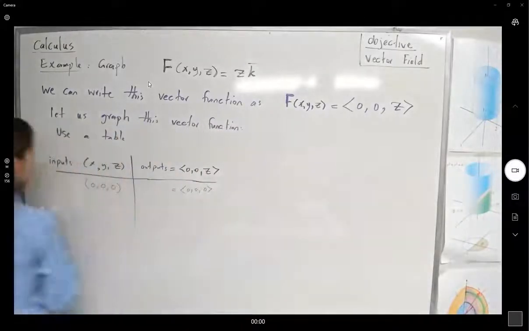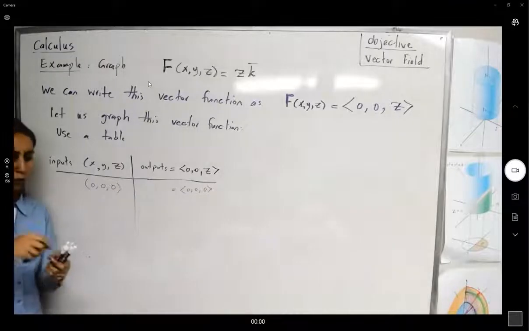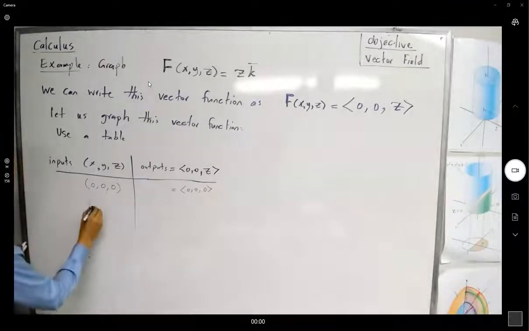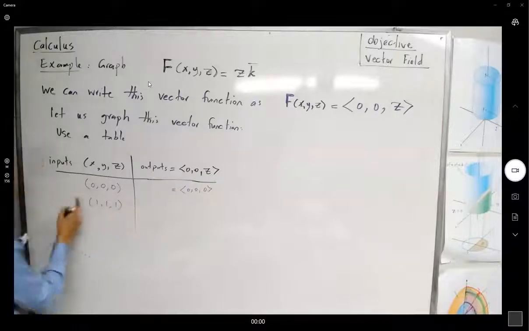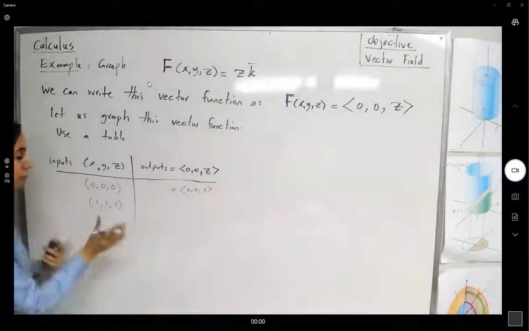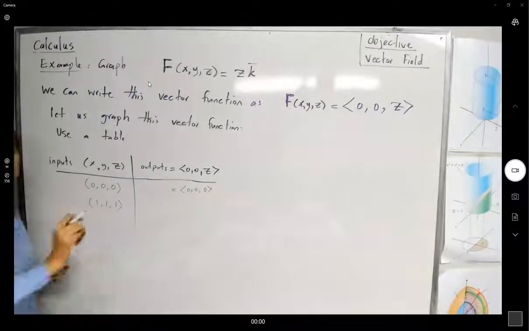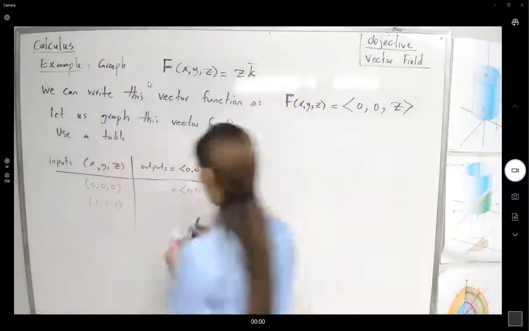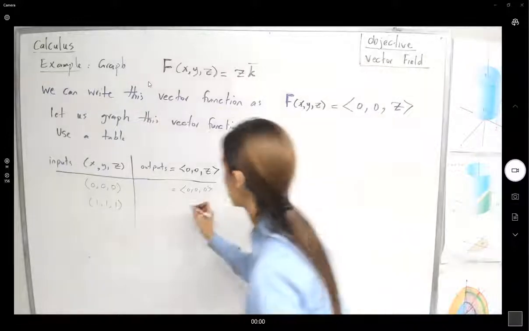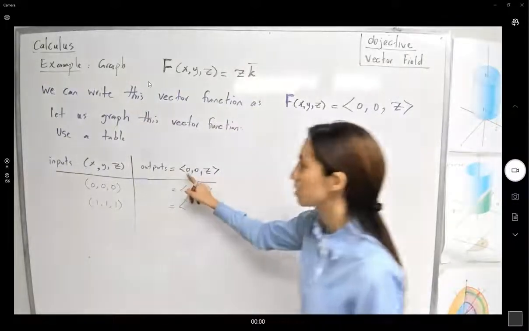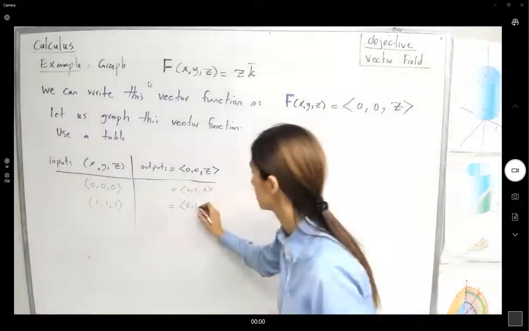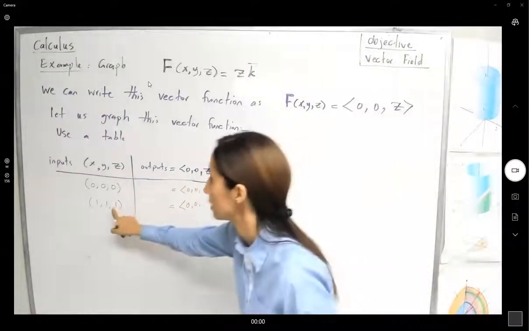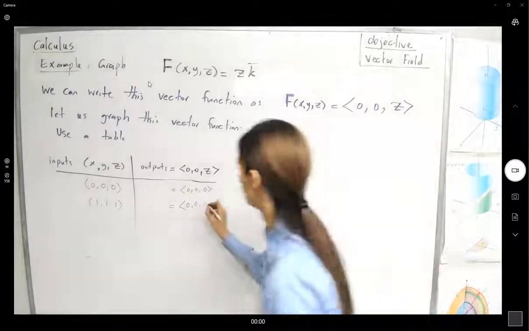Next, let's plug in, for example, 1, 1, 1. This is the position, input values showing the position of your particle. Then at that position, you have a direction. The first component is fixed, 0. The second component is fixed, 0. The third component is equal to 1. Okay.